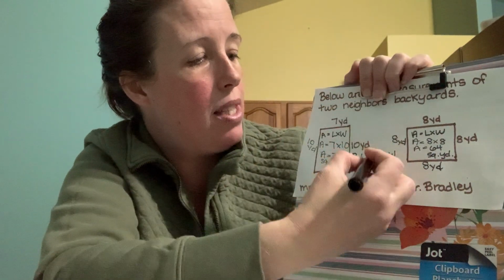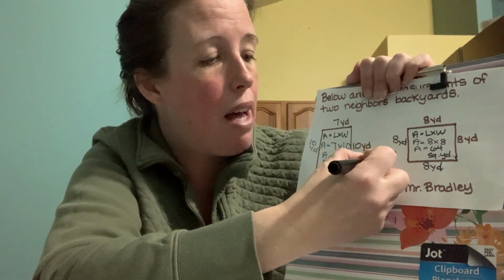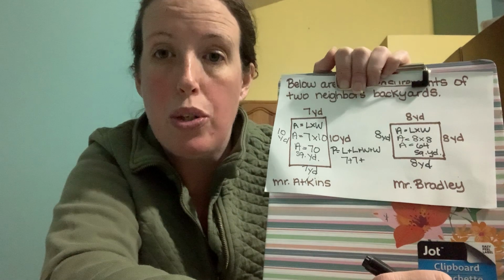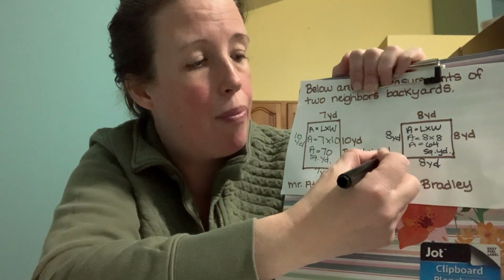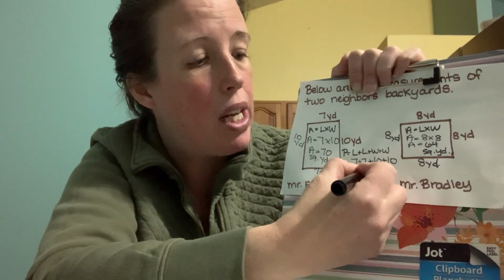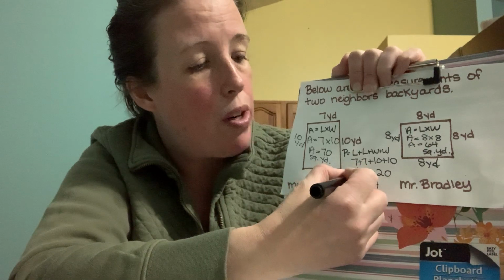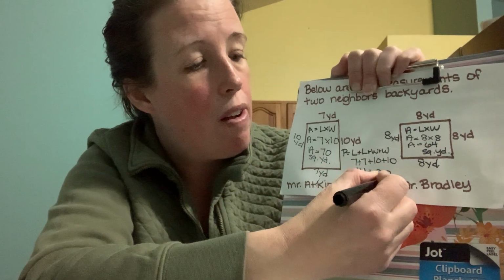So my 2 lengths are going to be 7 plus 7, and then my 2 widths are 10 plus 10. 7 and 7 is 14, 10 and 10 is 20, 14 plus 20 equals 34. So the perimeter is 34 yards.